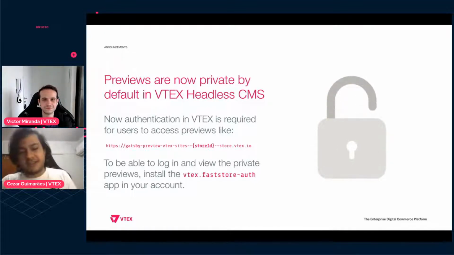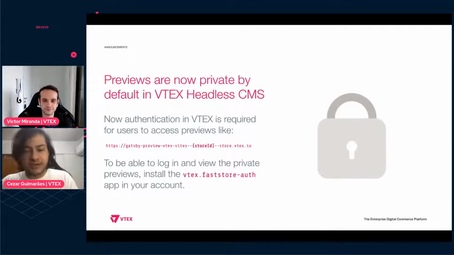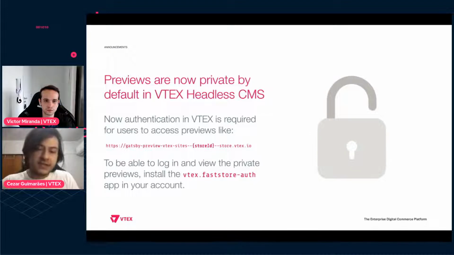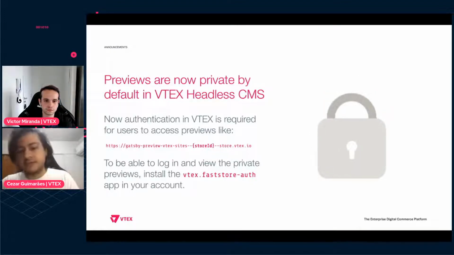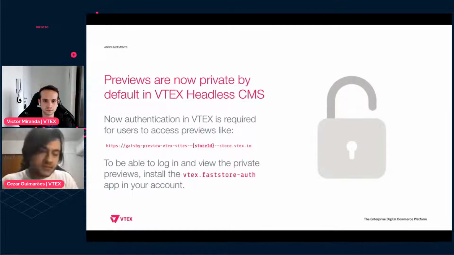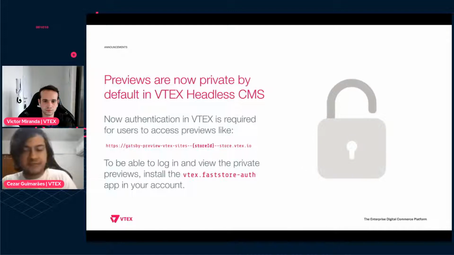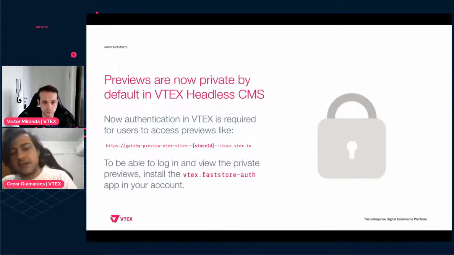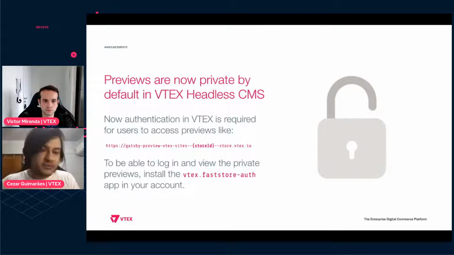But everyone that tries accessing this URL directly through the browser will need to authenticate to the VTEX account that backs this FastStore account. The account is the one specified in your vtex.env file, or alternatively, the store.config.js file for FastStore version 1.x.